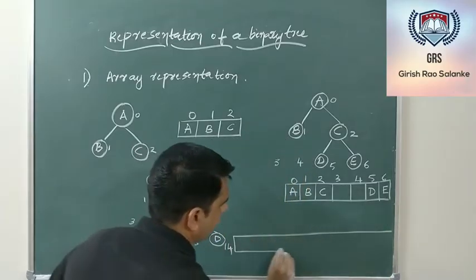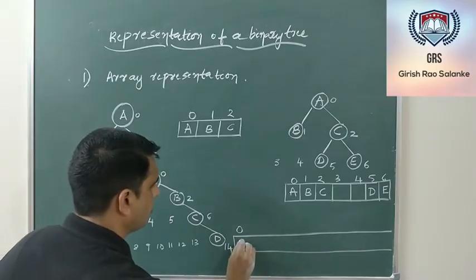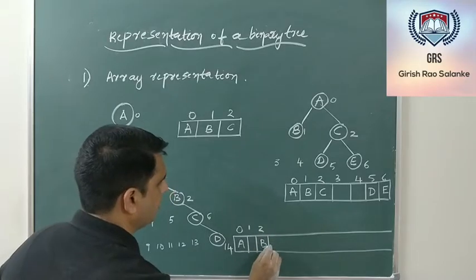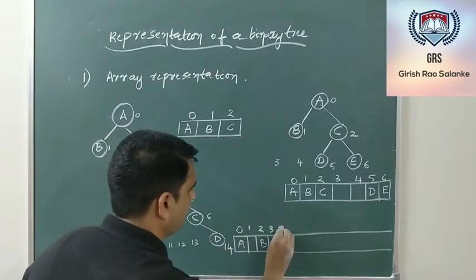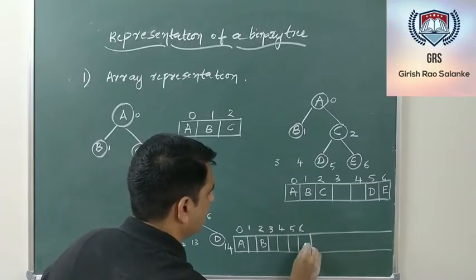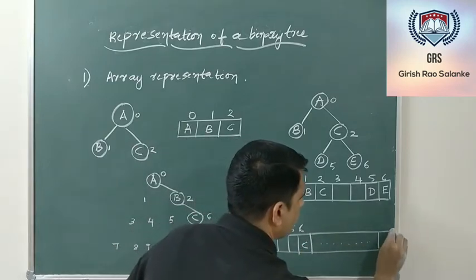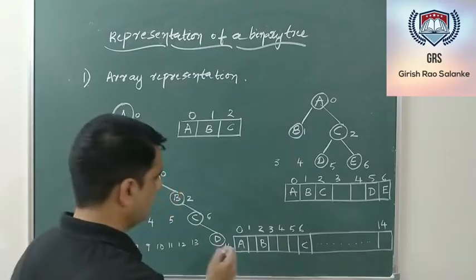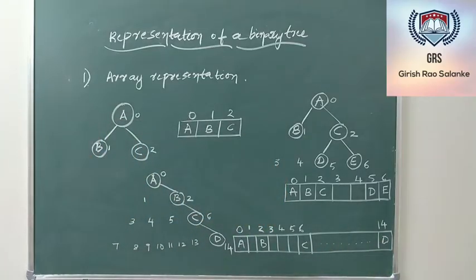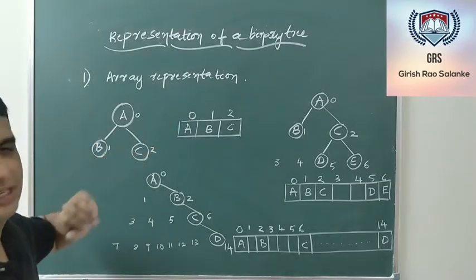if this needs to be represented in an array, 0th location A is there, first location nothing is there, second location B is there, third location nothing, fourth location nothing, fifth location nothing, sixth location I have C, and at the 14th location, I can have D. So if you see, what you can notice is if the tree is complete, something like this, then we are efficiently using all the locations of the array.